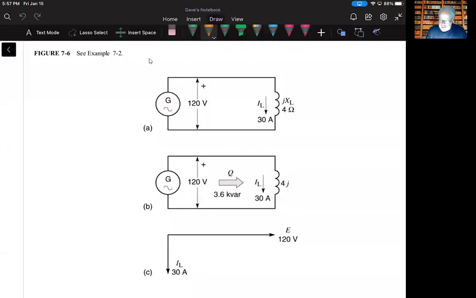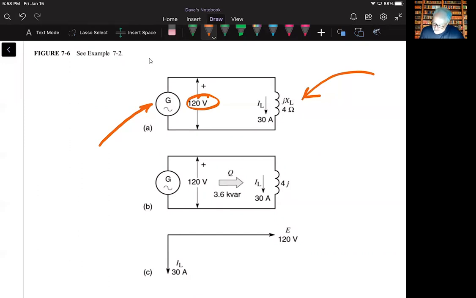Here's a circuit, has a source of AC here. And what we're looking at is the effective value of 120 volts out. And that is delivered to this inductive load, which we sometimes call a reactor. 120 volts, 30 amps. I sub L is current to the inductor.